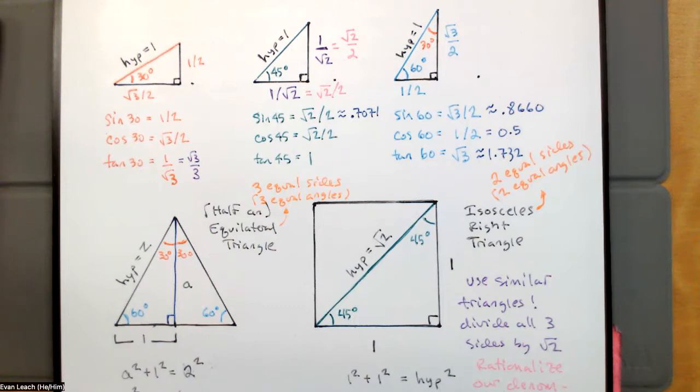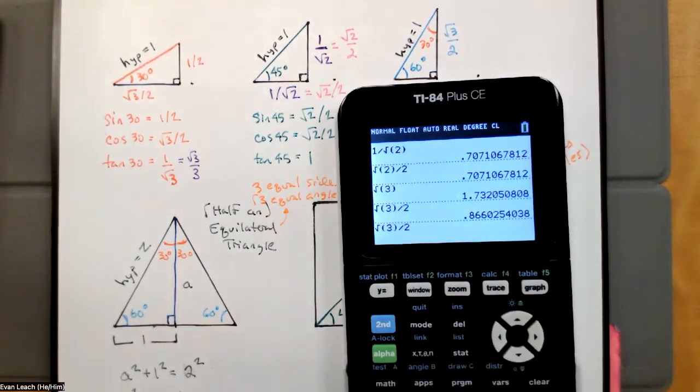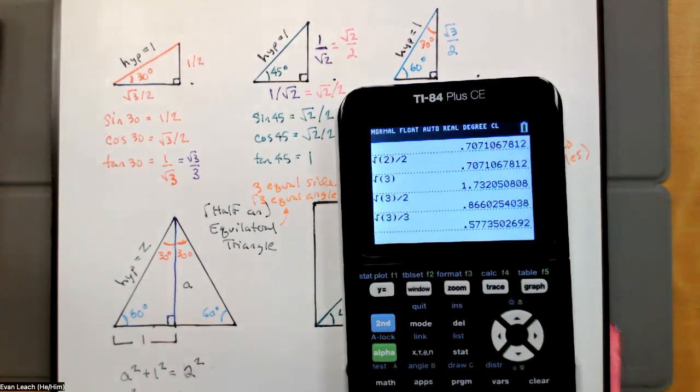We should recognize the decimal equivalent in case we need to check something on our calculating machine. So we'll do root 3 over 3, and that is approximately 0.5774.